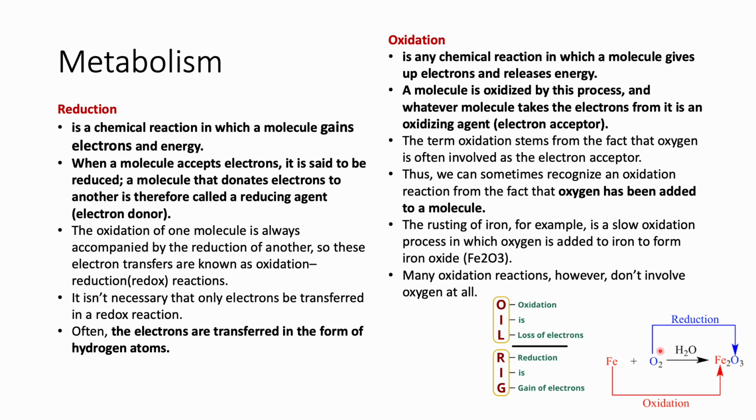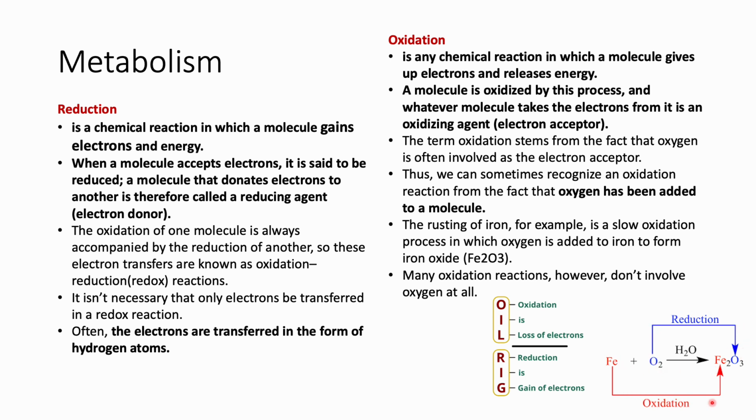An example of an oxidation reaction is the rusting of iron. So this is a slow oxidation process in which iron, oxygen, and water gives you rust, iron oxide. So iron here is oxidized and then oxygen is reduced.